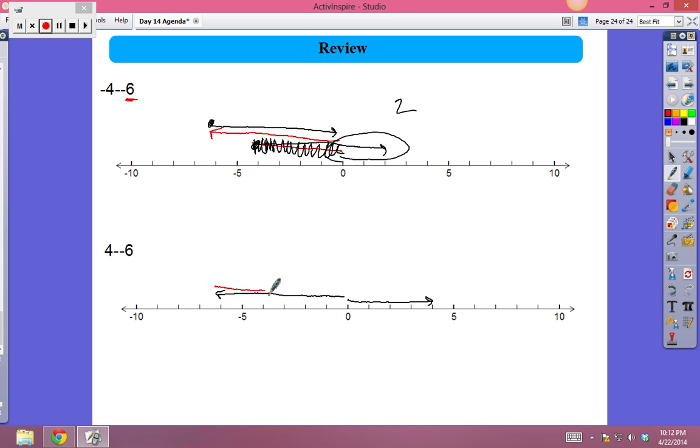So I'm going to 180 this vector right here, change the direction, and then place it head to tail. So I'm going to put its tail on this guy's head and then run it out, and your total vector runs from here to here in a positive direction, and it has length 10, magnitude 10.